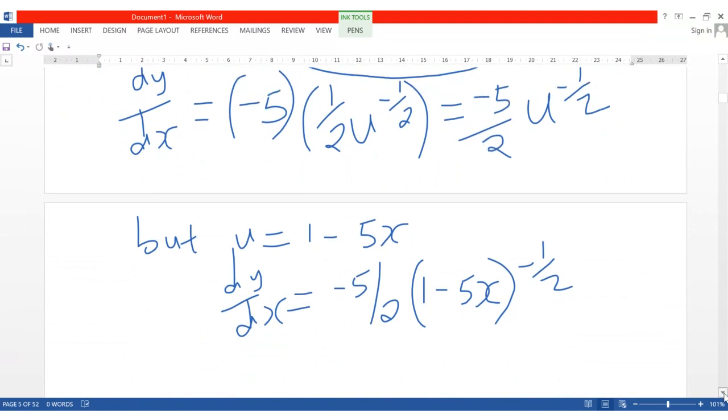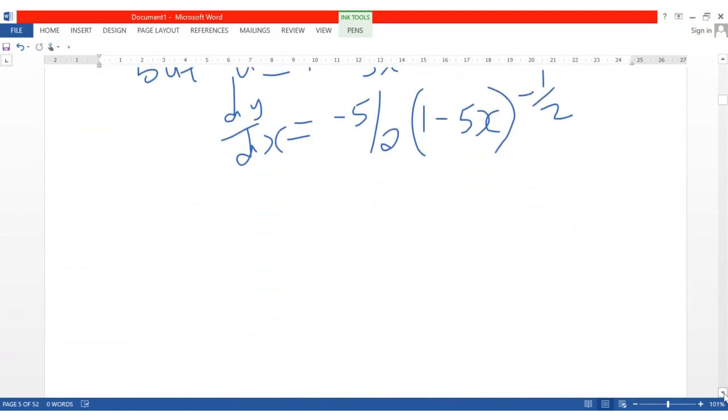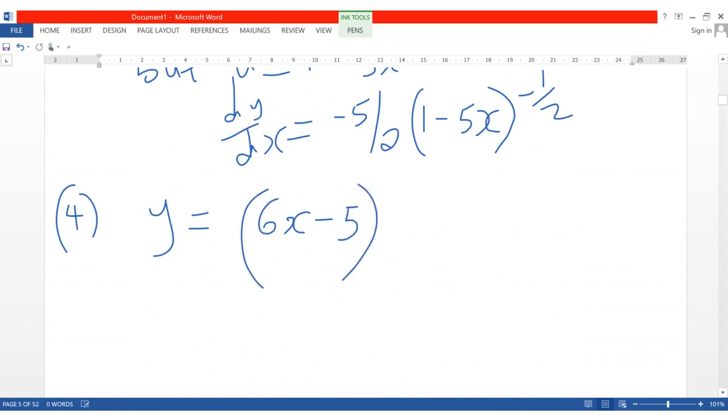I do the example number 4. Y is equal to, let's say, 6x minus 5 raised to power 5 over 2.